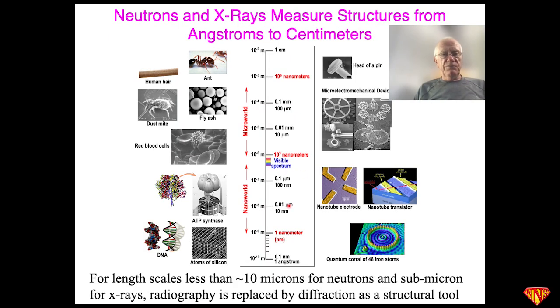So as I said a couple of view graphs ago, for length scales less than 10 microns for neutrons or less than a micron for X-rays, we have to resort to doing diffraction measurements, and you see the various types of things that we could do diffraction from or imaging of on this view graph.